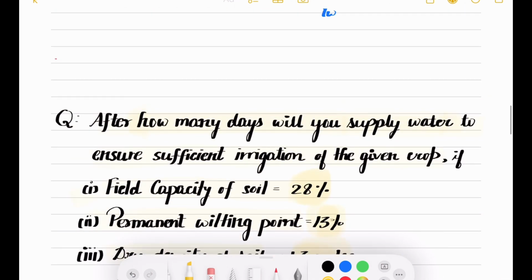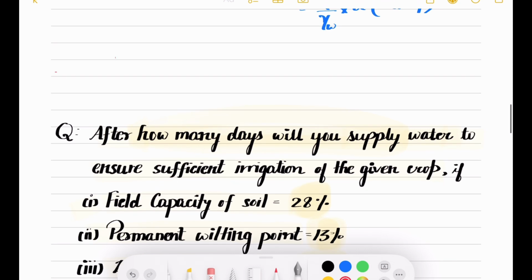So to find out after how many days the watering should be done, that is the watering interval of crop, we need to find out the readily available water, the depth of water that is readily available. Why do we need to find this out? We discussed it in the previous lecture.